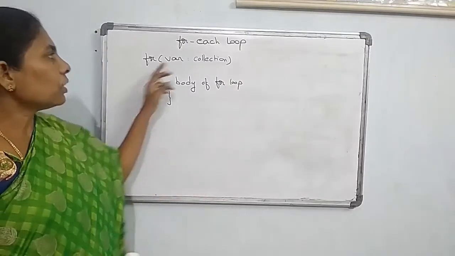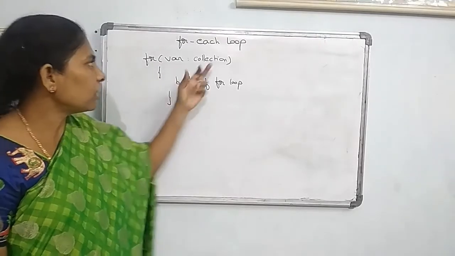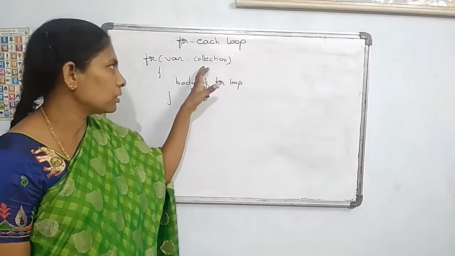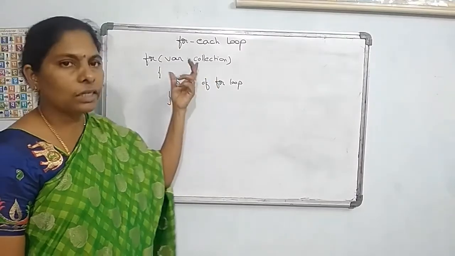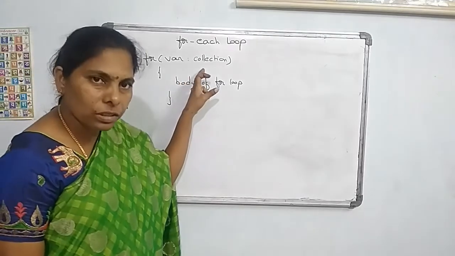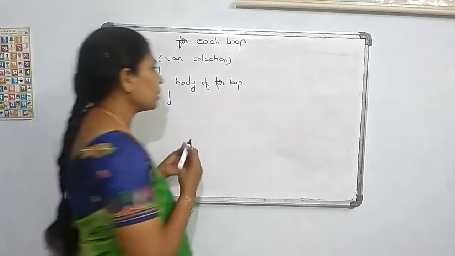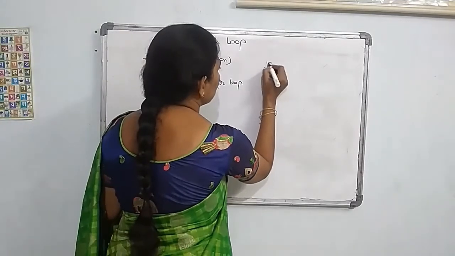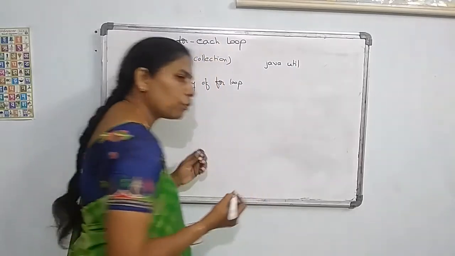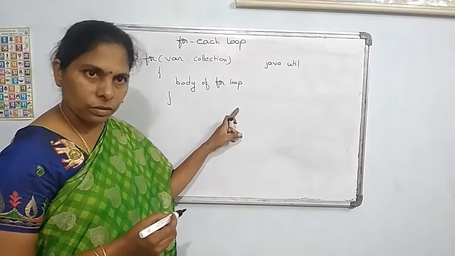The variable is whatever variable you want to use, and the collection is the group of elements you have. You can take an array of elements or any collection of elements. And if you want to use a collection of elements within Java, you can use one package. That package comes from java.util. The java.util package is used for representing these collections of elements.